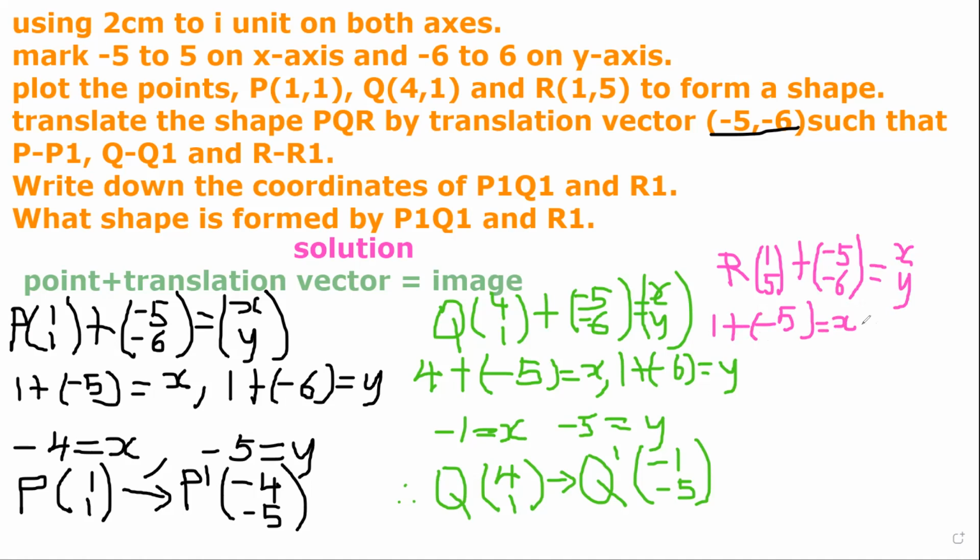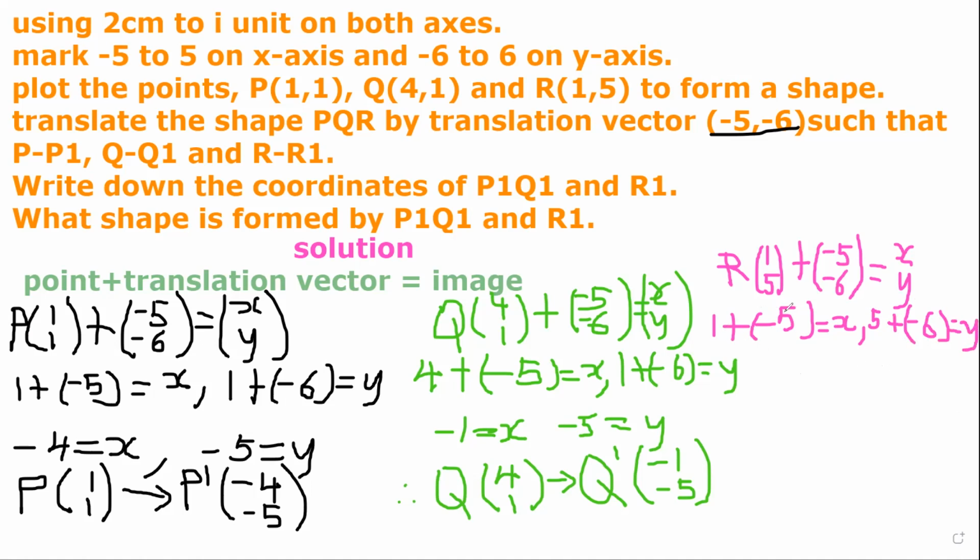And then another linear equation for the Y, which is 5 plus -6. Let me write the -6 well. It's -6 in the bracket, then equal to Y. Good.